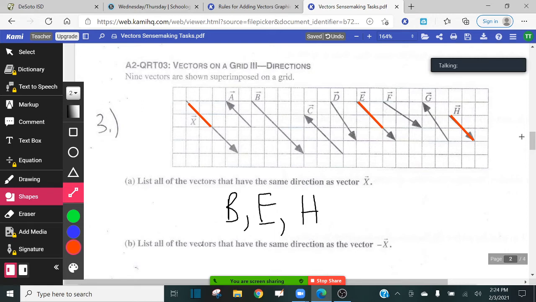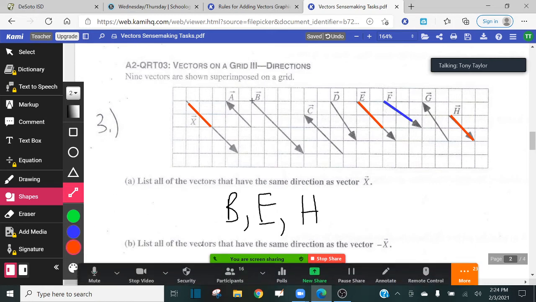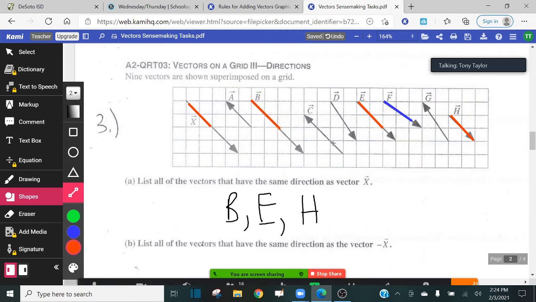Okay. Now, sometimes I've had students try to put in F with that, but guys, look at F. Does F have the same slope as E and H and B? Sorry, B has the same slope as well. I'm sorry, I forgot to draw that one.